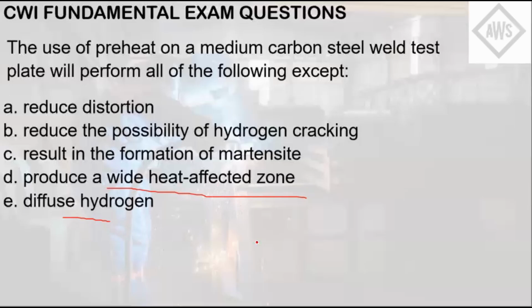So the answer here is letter C, result in the formation of martensite. Preheat will not result in the formation of martensite, since martensite is formed when metals are cooled rapidly, like through quenching, as part of making the metal harder, but in consequence making it more brittle.